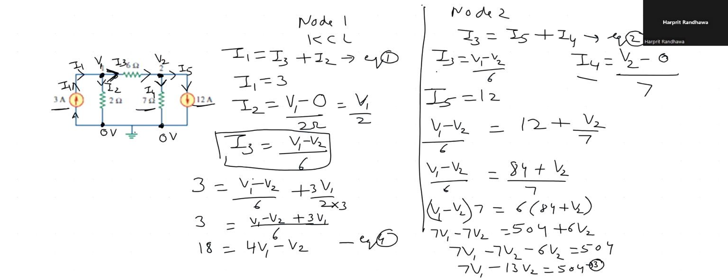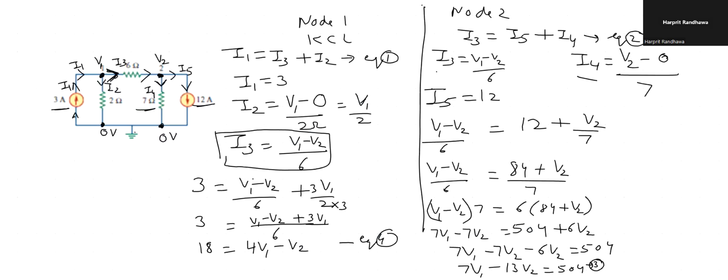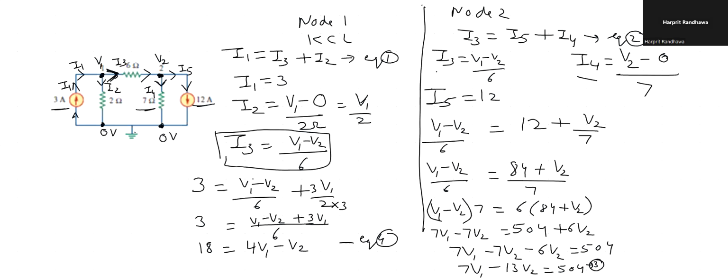Now you have to solve equation number 4 and equation number 3. I'm writing equation number 4 here: 18 is equal to 4V1 minus V2. Equation number 3 here is 7V1 minus 13V2 is equal to 504.